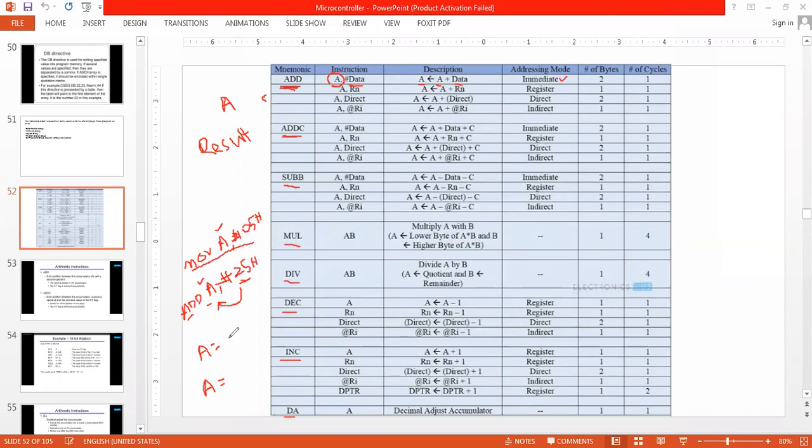For the first instruction, A will be 05h, and after the second instruction, A will be 2Ah. Okay, 25 plus 5 is going to be 2A. The values 5 and 25 will be added.